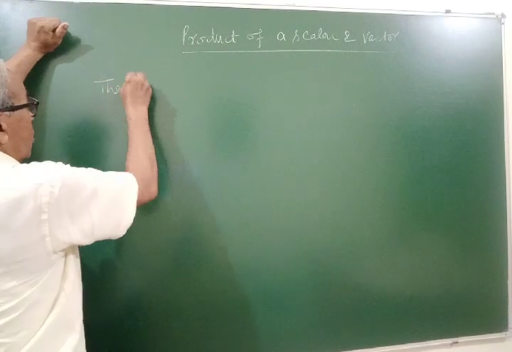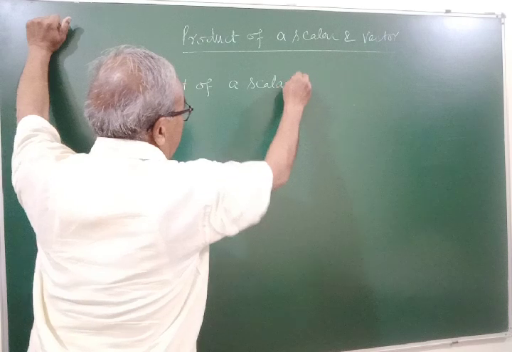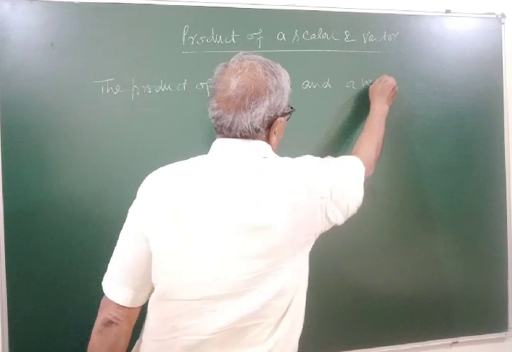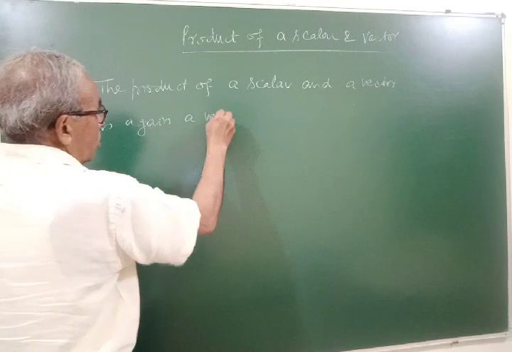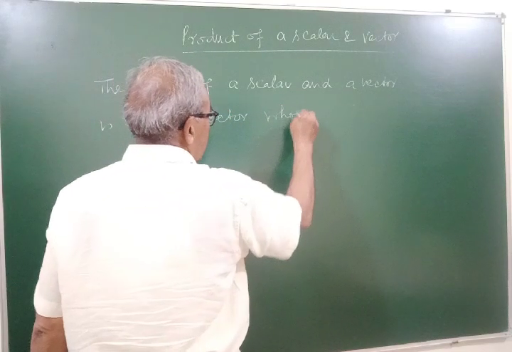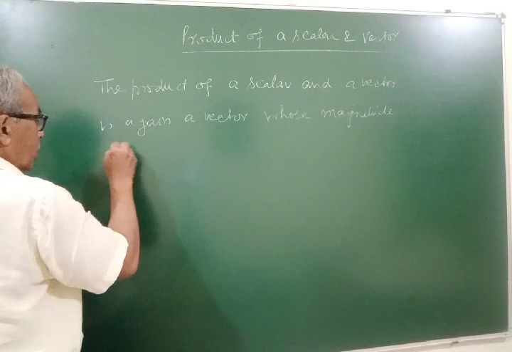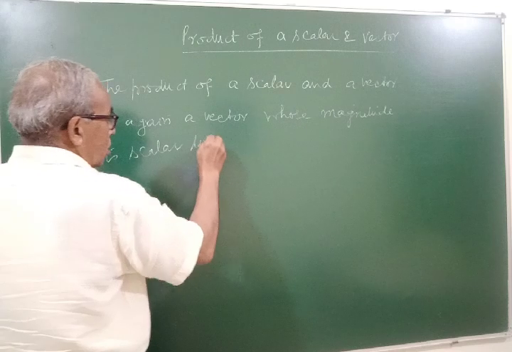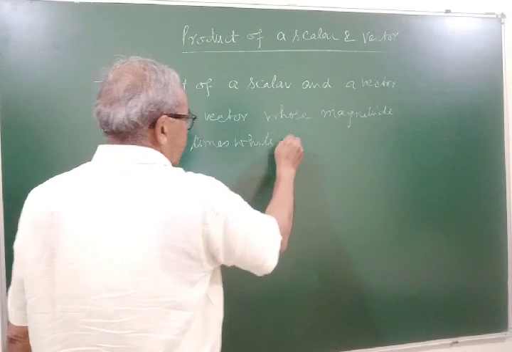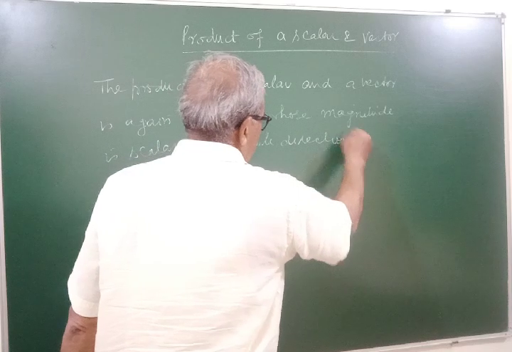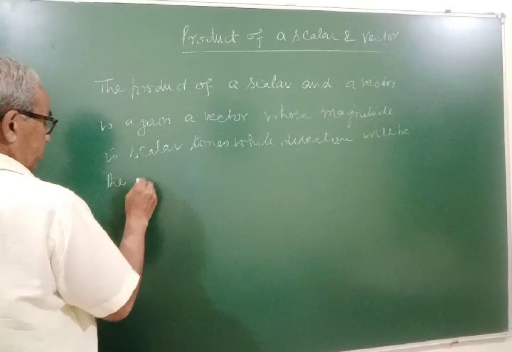The product of a scalar and a vector is again a vector whose magnitude is scalar times, while the direction will be the same.